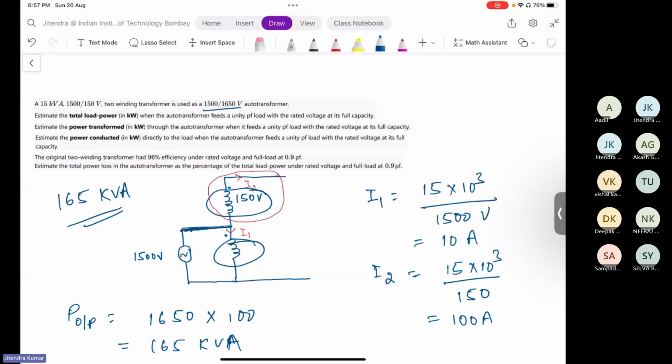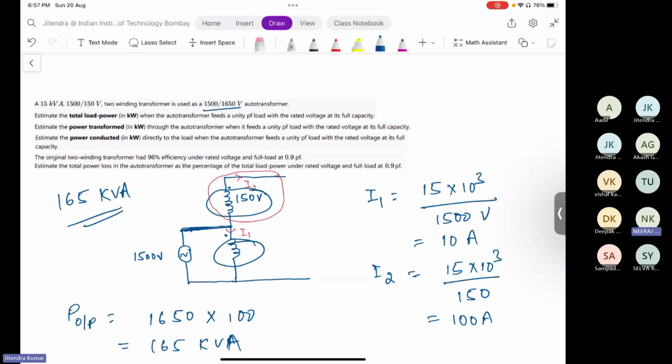Yes, sir. But sir, they have not given any core loss or copper loss, right? Yeah, because for such types of problems, generally throughout all the problems, you will not see the core loss varying.